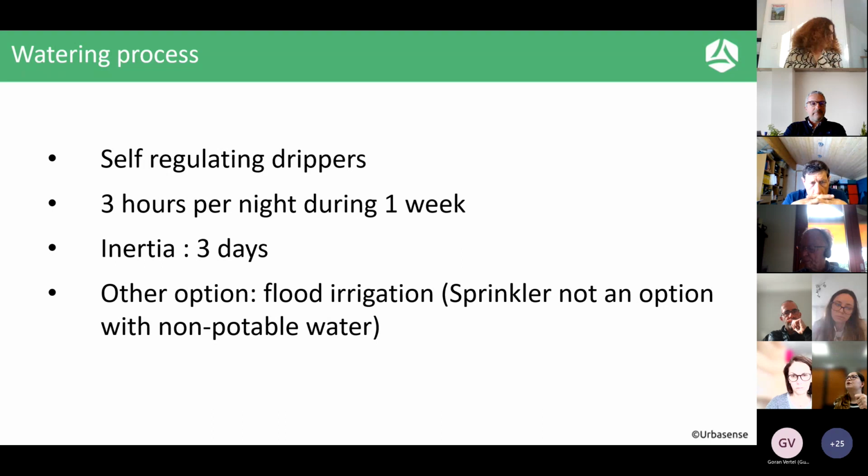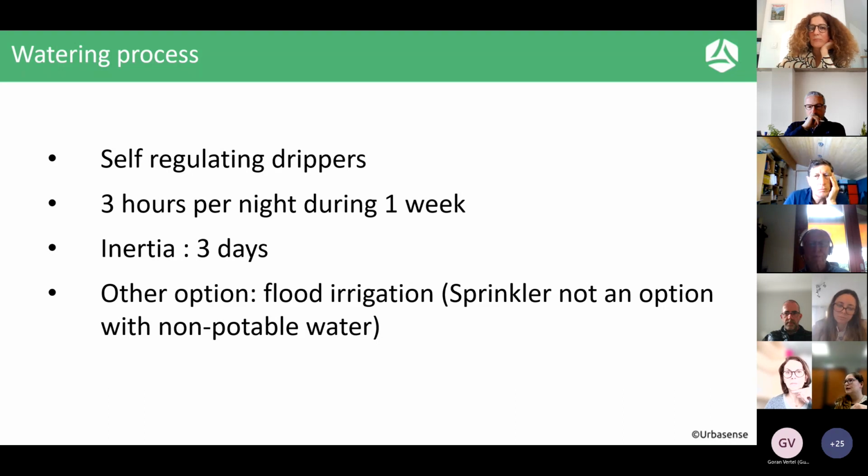So when you start watering, you won't see the cooling effect before 3 days. So we need to take advance on the heat waves so we can have the better cooling effect as soon as the heat waves start.